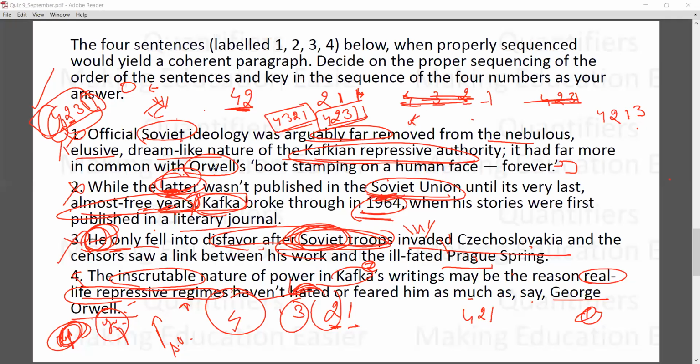If 1 comes first and then 3, the person being talked about is Orwell, not Kafka. If we say he, then it means it is used for Orwell, but that is not the case, because by the logic Orwell came at a time when it was almost 3 years, and Kafka was there when they actually invaded. So he actually refers to Kafka, so it has to be placed after 2. So 4 2 3 1 is your correct answer.